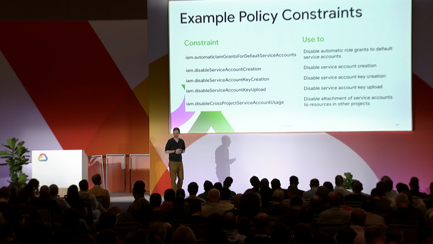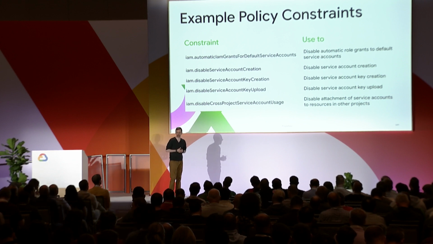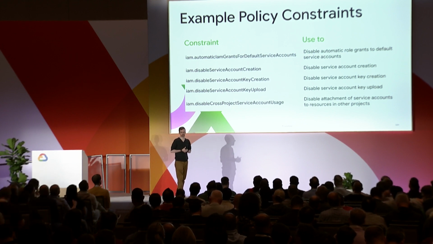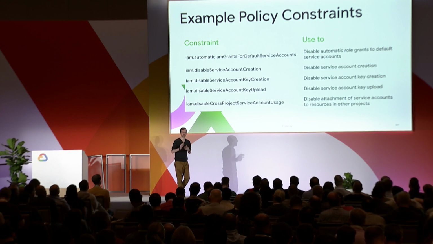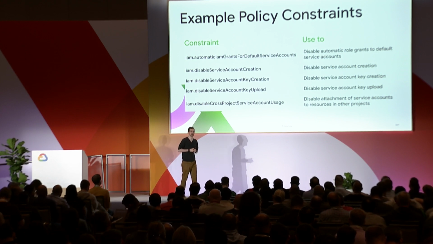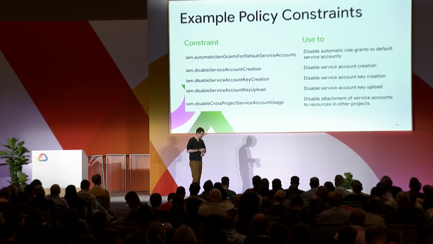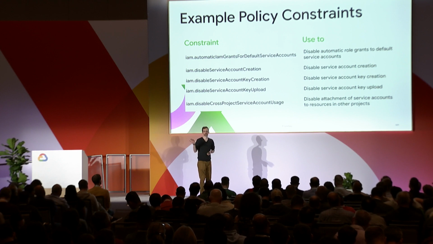Another policy constraint that's very useful is disabling cross-project service account usage. This is the ability to use service accounts across projects. One of the things that's typically overlooked within IAM policies is creating a service account in one project and then using that service account in a different project.